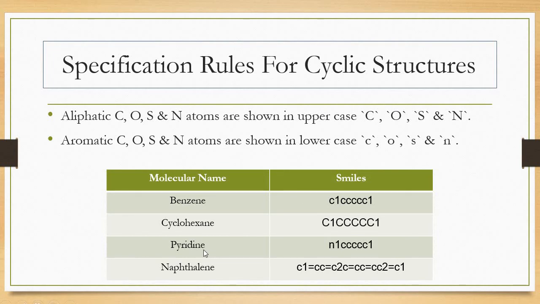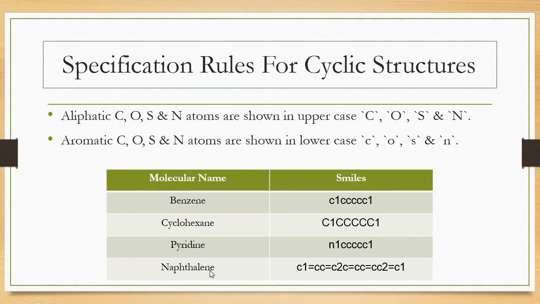The next structure is pyridine, and because pyridine is an aromatic ring, the SMILES notation is represented in small letters, starting from n1, that is the nitrogen of the pyridine ring, then all the aromatic carbons, and n1 is connected to this c1 to form a ring.